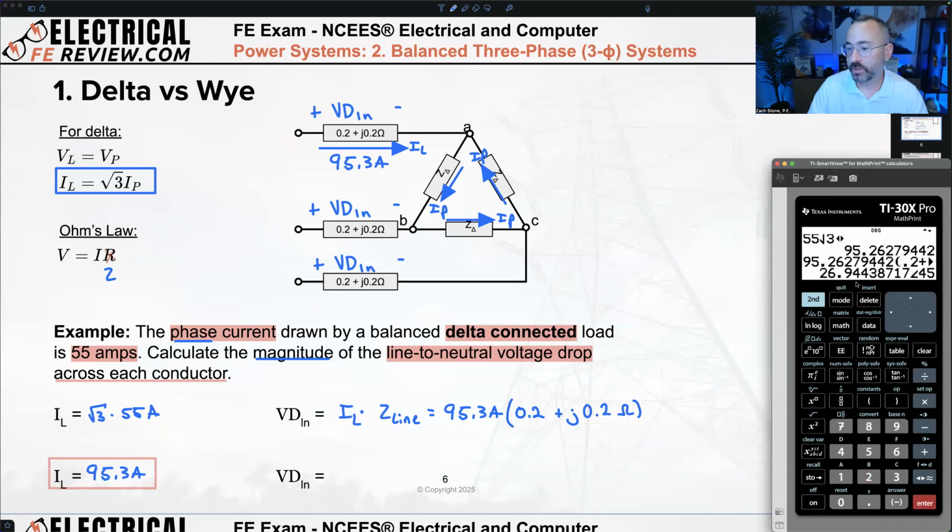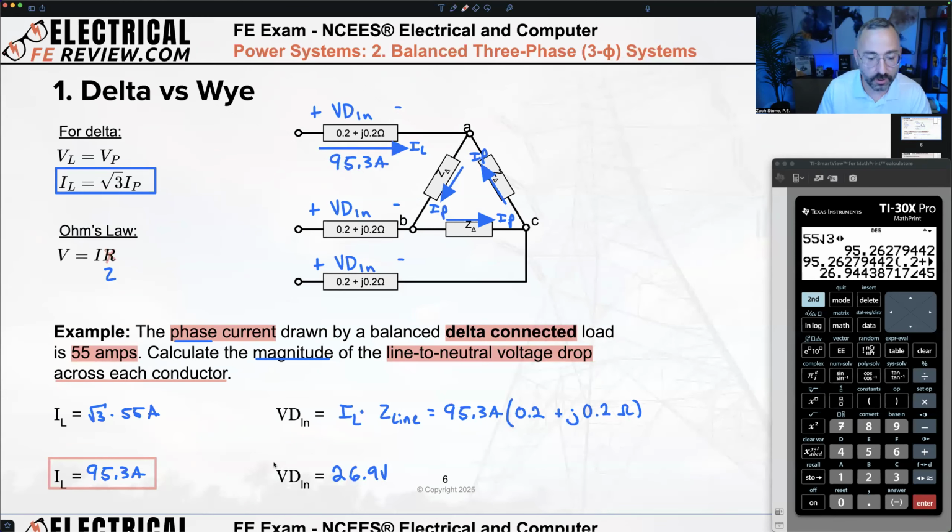All I'm concerned with is just the magnitude of the voltage drop. I need to include the entire complex impedance to get the correct magnitude, but all I'm concerned with selecting on the exam is the magnitude. So line to neutral voltage drop is about 27 volts, right? We'll call that 26.9.